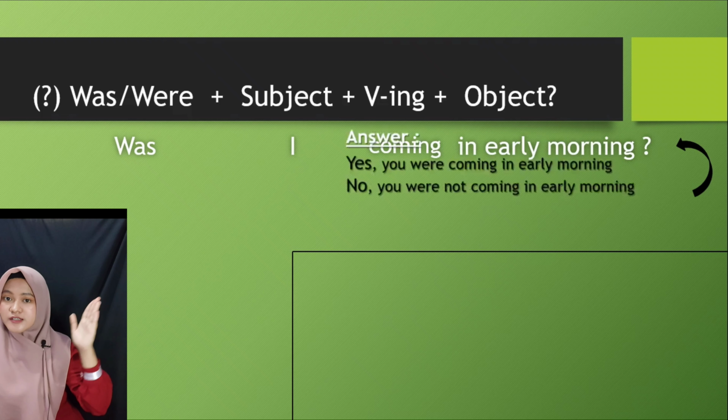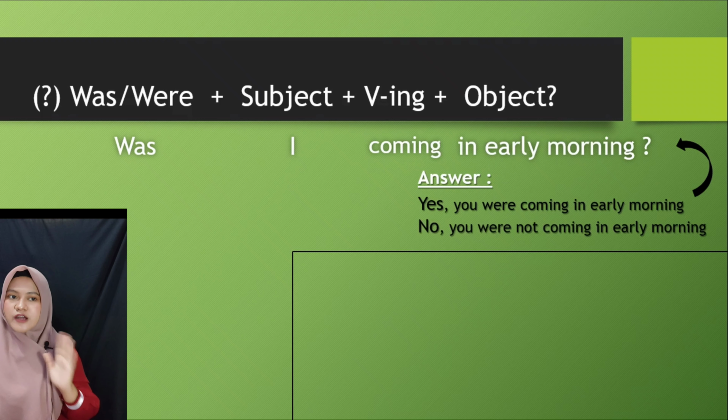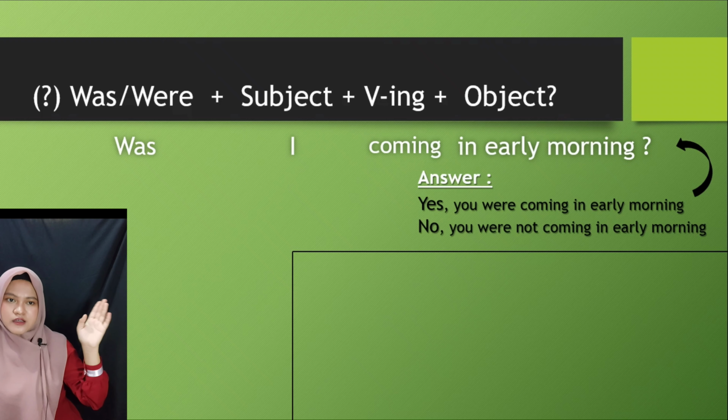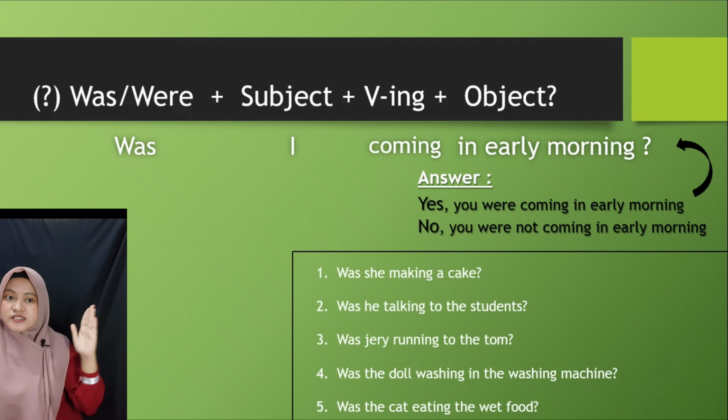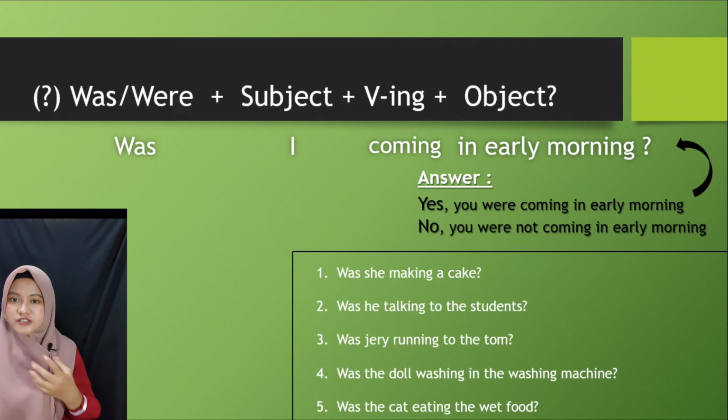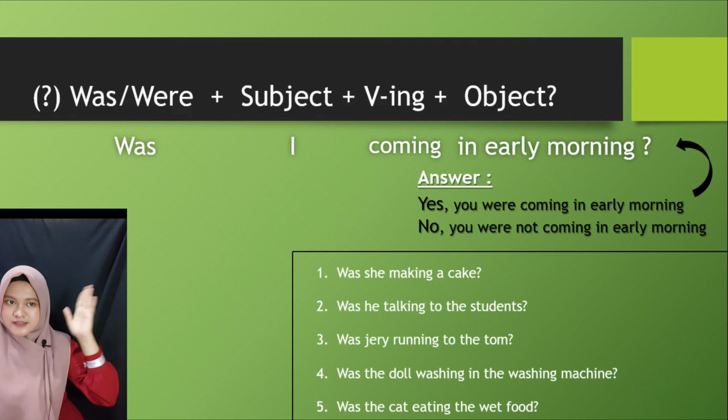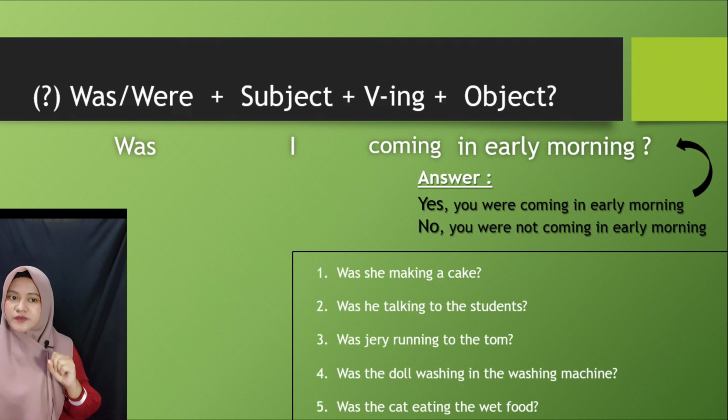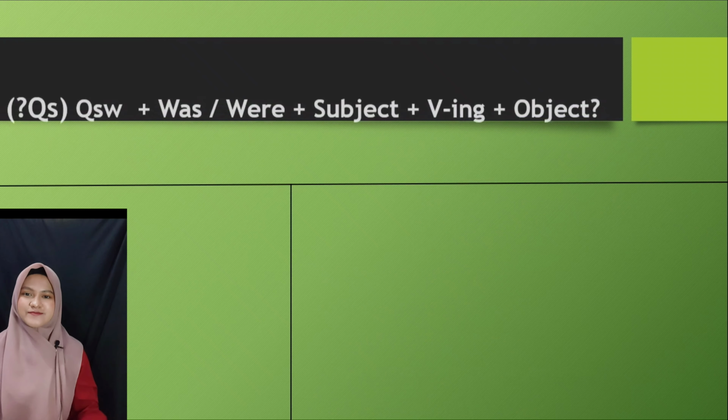The answer uses yes or no. Yes, you were coming in early morning. No, you were not coming in early morning. And I have other sentences. Number 1, was she making a cake? How is the answer if using yes or no? Yes, she was making a cake. And for the no, she was not making a cake.